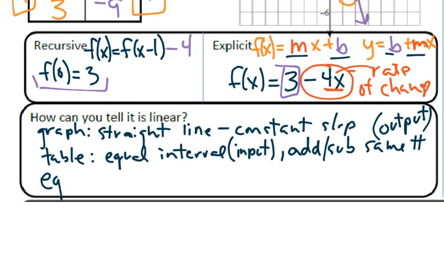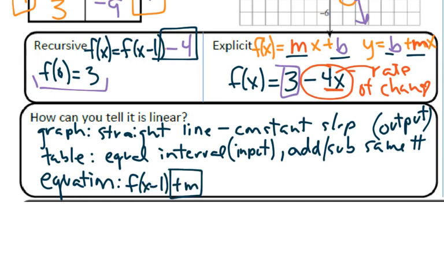In an equation, if it's a recursive, we see it after the f of x minus 1, right? It's f of x minus 1 plus the growth. That plus right there, that's where we see it.